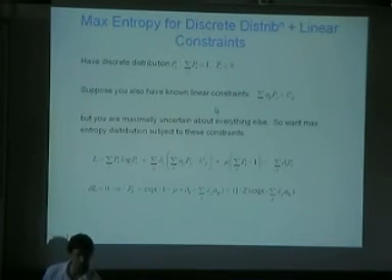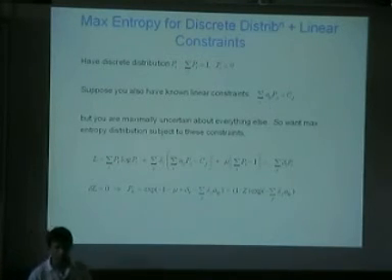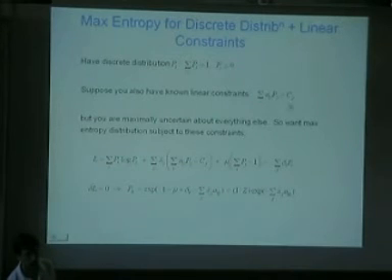Just imagine you're doing document categorization, and you know that documents about baseball in America are twice as likely to occur as documents about soccer, which are 10 times as likely as documents about neutron stars. And you want to encode these probabilities with a bunch of linear constraints like this. But you want to say, I'm maximally uncertain about the rest of the universe. I don't know anything else about this distribution. So I want to find that distribution which satisfies these constraints, but is otherwise maximally uncertain. In other words, otherwise has maximum entropy, subject to these constraints.